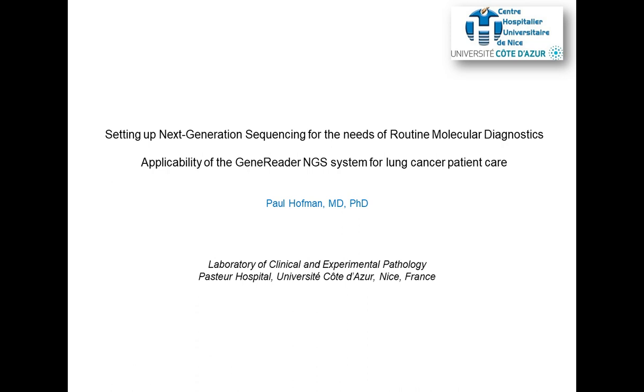But for example, if we want to set up an NGS system using the GeneReader system, it's quite easier to interpret the results. So we can avoid having a bioinformatician dedicated in the lab to interpret the results. So it depends definitively on what kind of system you want to set up in your lab.